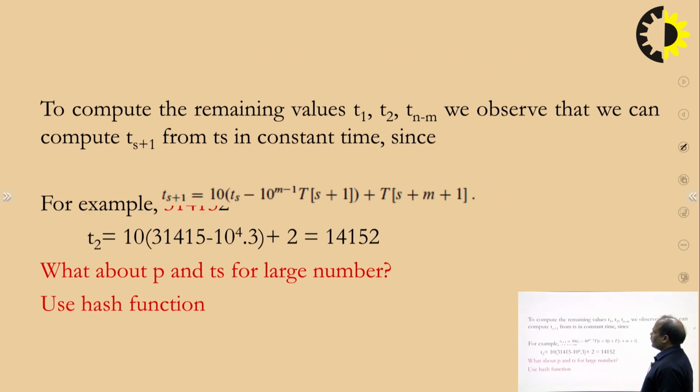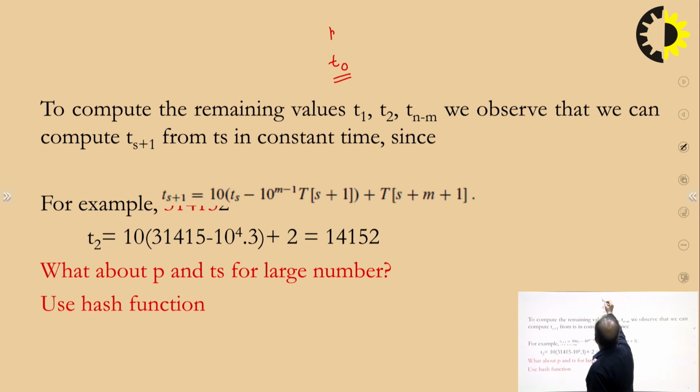So what we are going to have here is working on this concept: we assume that if we have T0 already and we have P already, then T1 and T2 can be computed using the same rules.